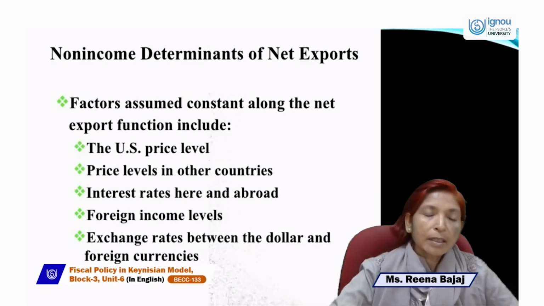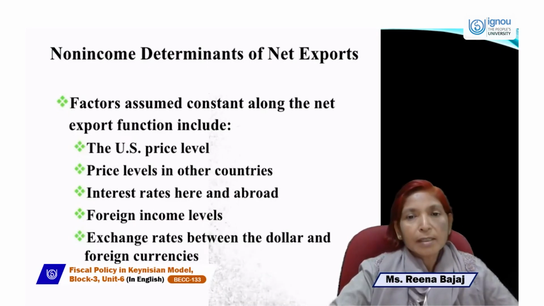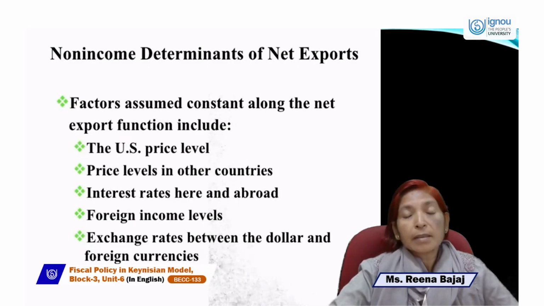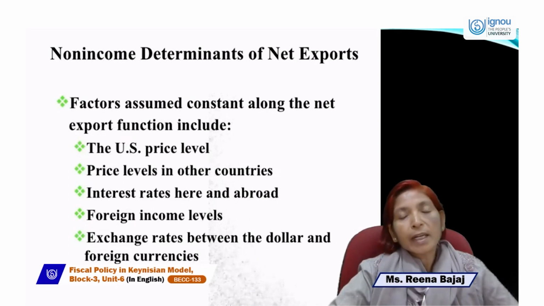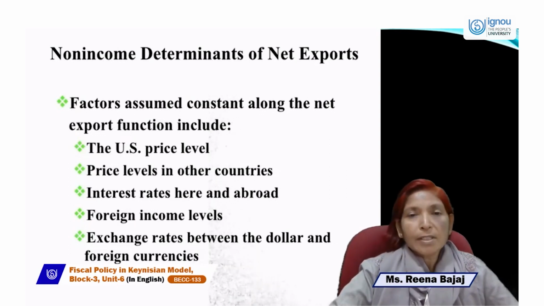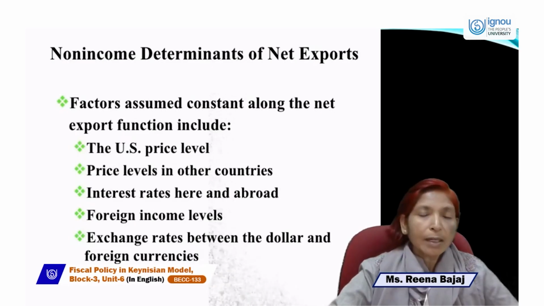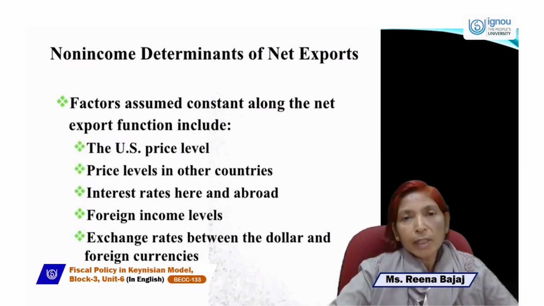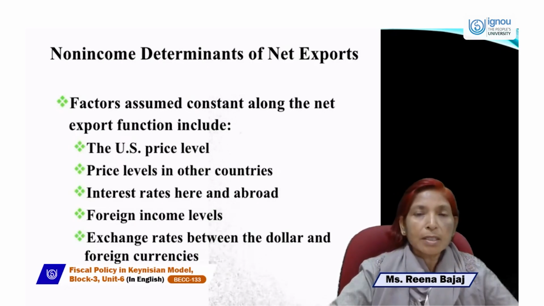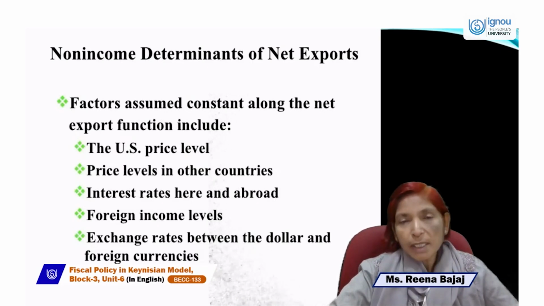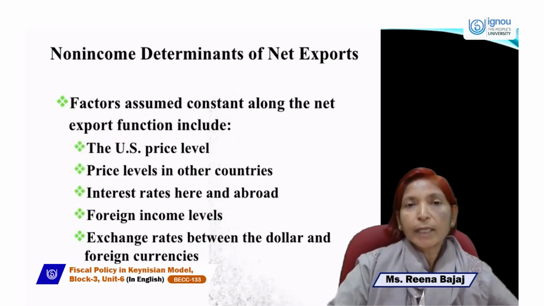And the exchange rate also affects the net export curve, and it is a main cause of shift in the net export function. You know that the exchange rate is the rate at which one country's currency can be converted into another country's currency. For example, $1 equals 80 rupees.